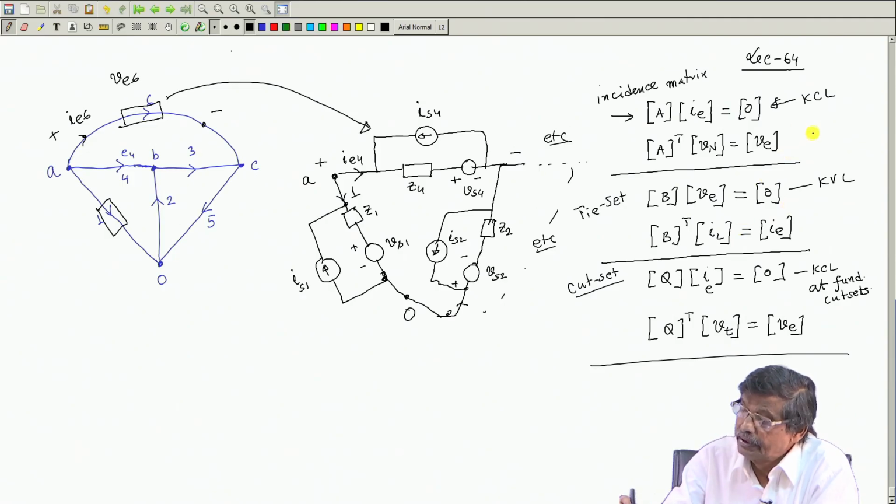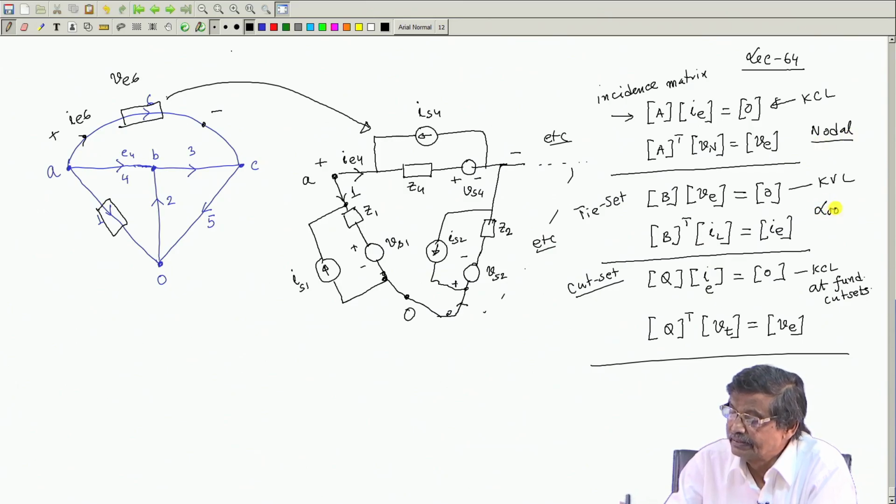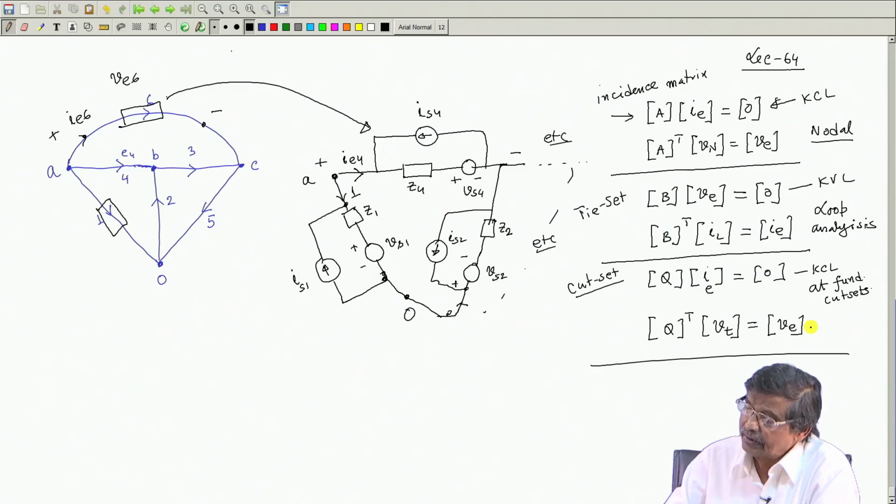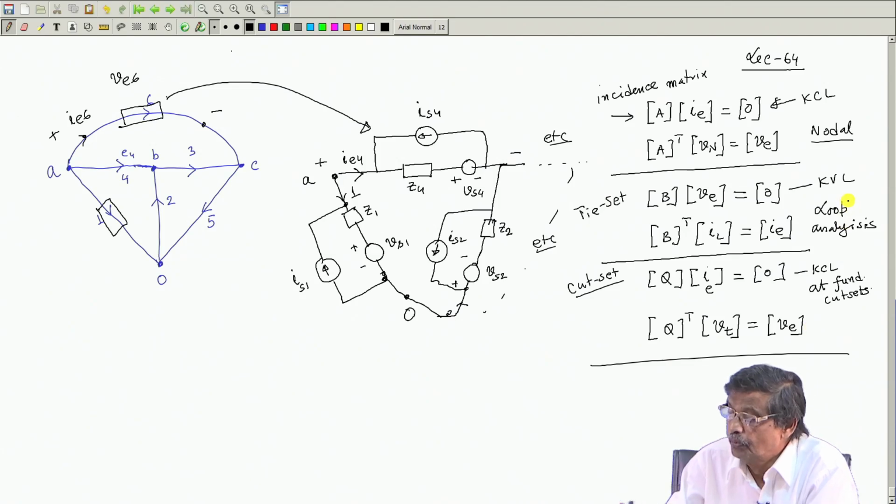And this one is nodal essentially, and this one is loop analysis of a circuit. And this one is also like nodal, but slightly different, and it is called the Kirchhoff method. So first, in a network, I want to solve it by loop analysis.